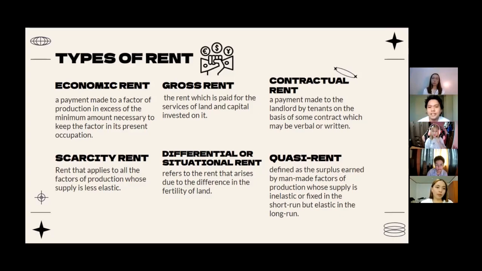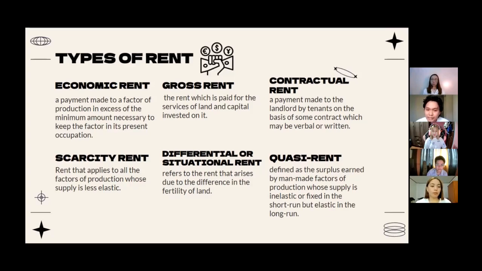This rent is what is paid for the services of land and capital invested on it. This type of rent includes the payment for the use of land, the interest on capital invested on it, and the wages for the services of the landlord for supervising the investment in land.